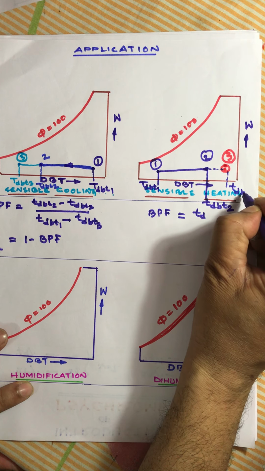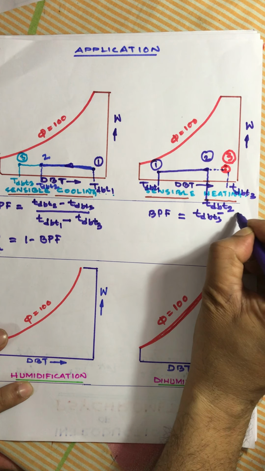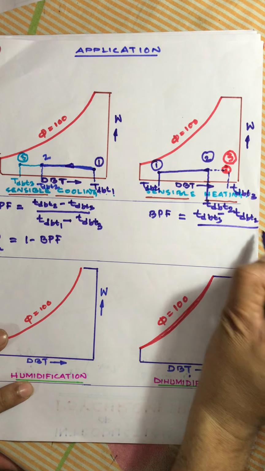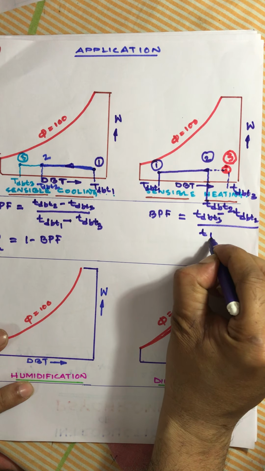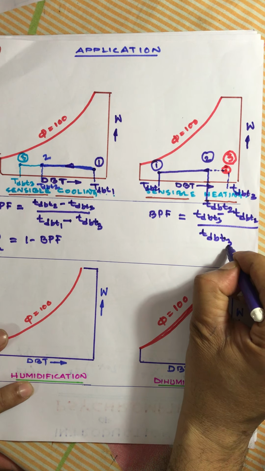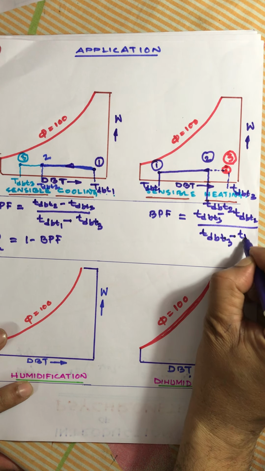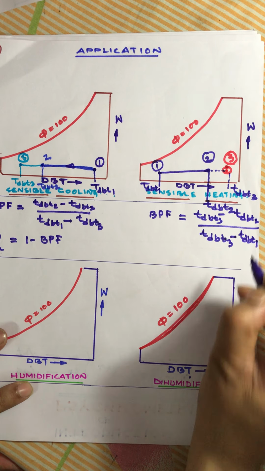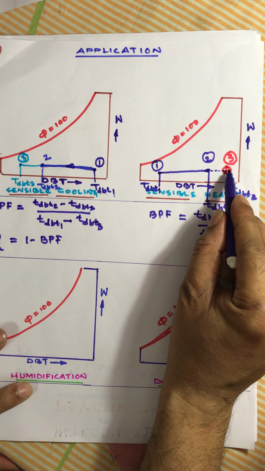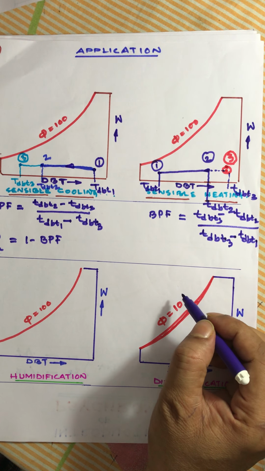So, T dry bulb temperature 3 minus T dry bulb temperature 2 divided by T dry bulb temperature 3 minus T dry bulb temperature 1, that is the bypass factor of the sensible heating.